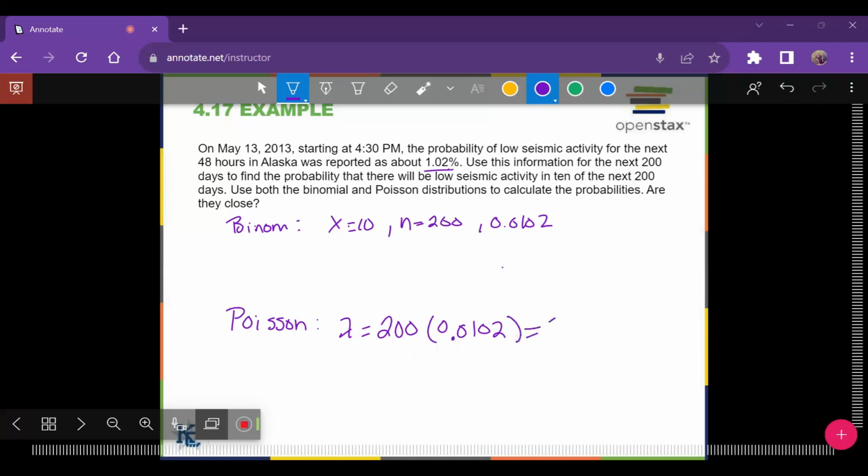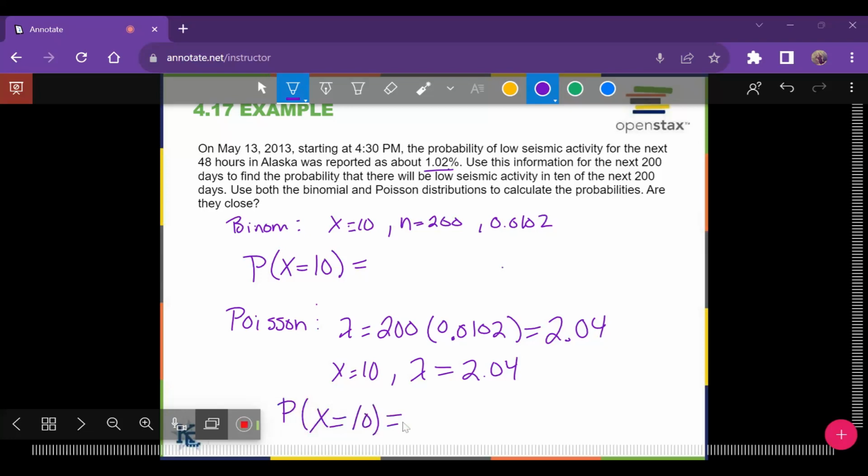So when we use the Poisson distribution, our x is still going to be 10, but our lambda is going to be 2.04. That's important to realize. Now we can find both using the two different methods in Excel. So let's take a look.